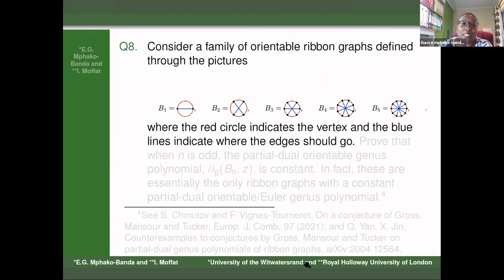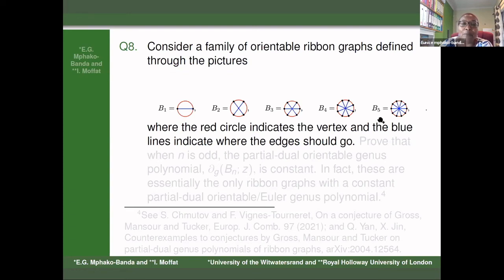For B1, this red circle is the vertex, and the blue line is just indicating where the edges should go. So this circle, and this edge goes from there to there. So this is B1, B2, up to B5.